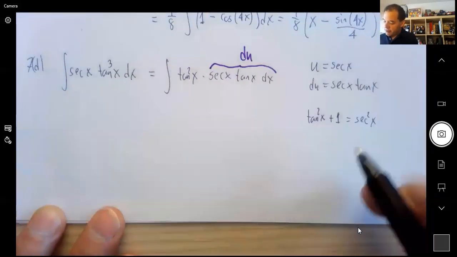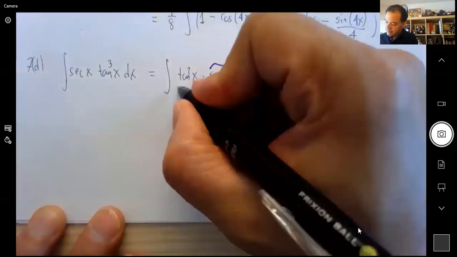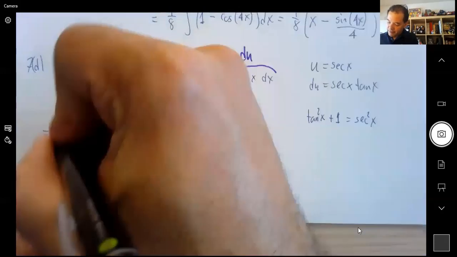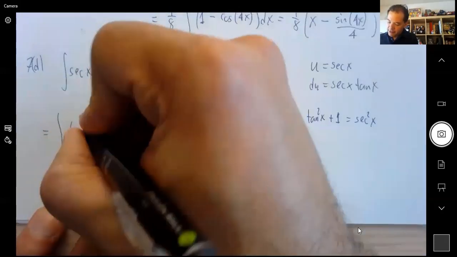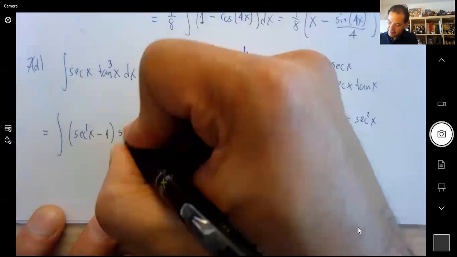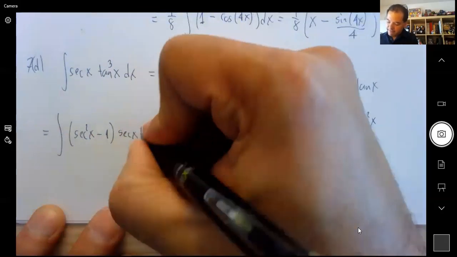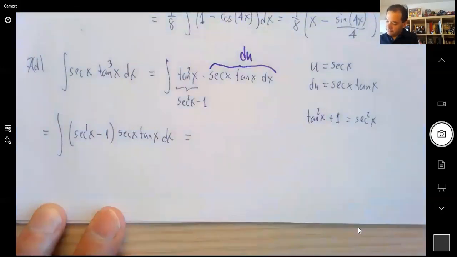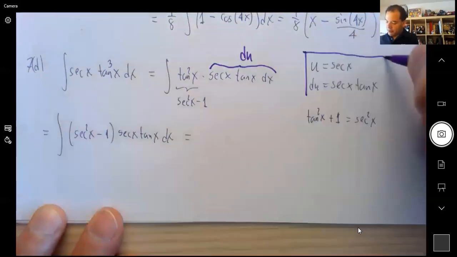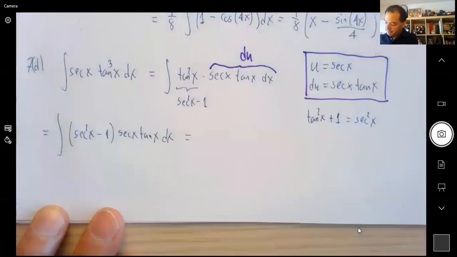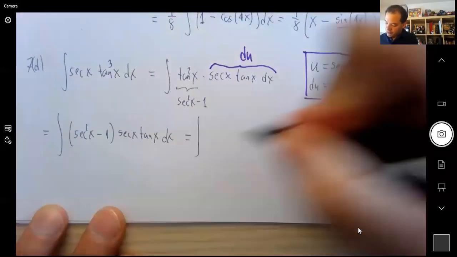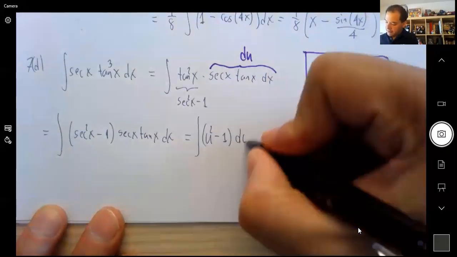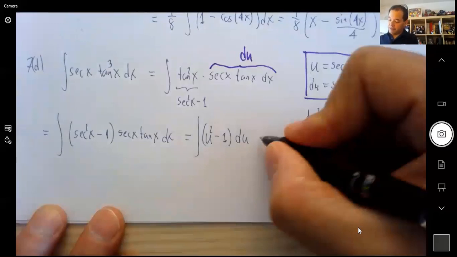And so this tangent square becomes secant square minus 1. So we rewrite it here as (secant square x minus 1) times secant x tangent x. And then if we use this u substitution, we can replace it by (u squared minus 1), and all of this is du. And from here, this one is easier, right? So finish it.